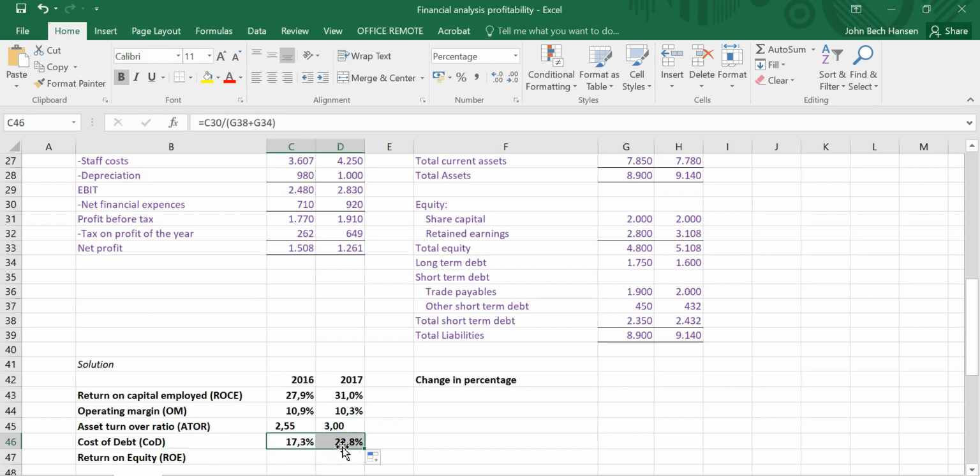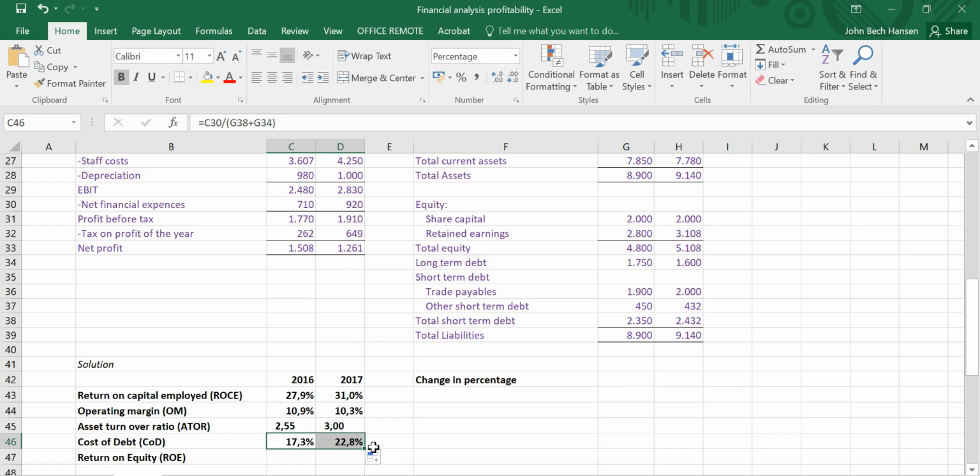And some economists like to compare the return of the total capital with the cost of debt, and like to see that we earn more in the company than the cost of debt.